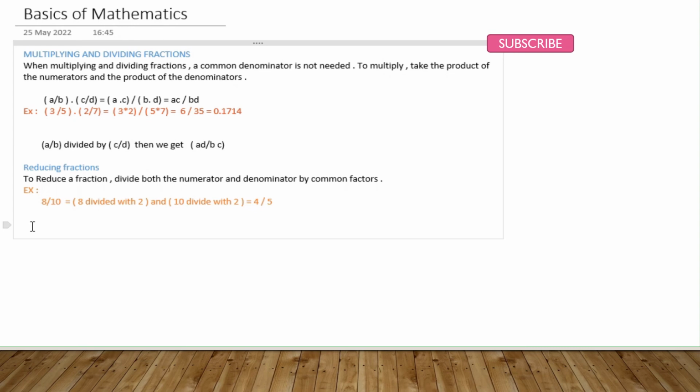Next one, mixed numbers. I'm going to give the definition for this. A mixed number has two parts.